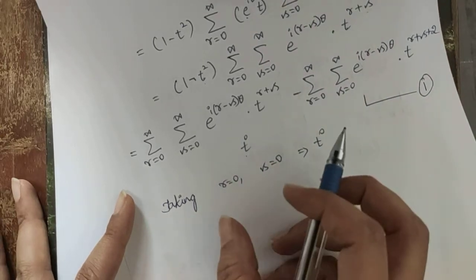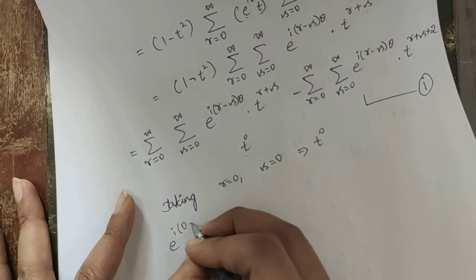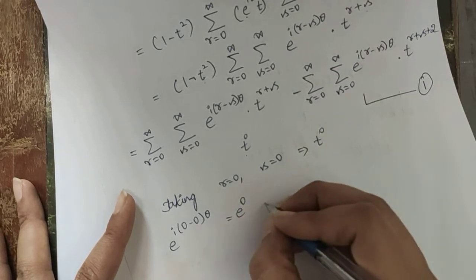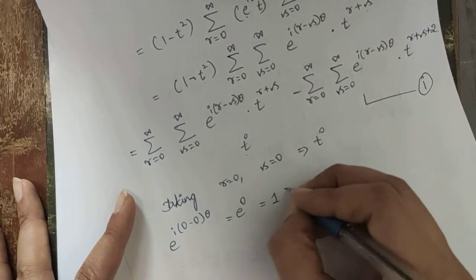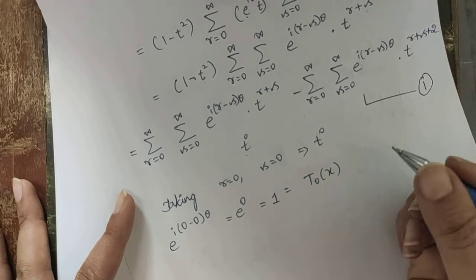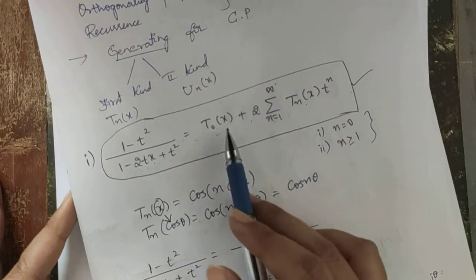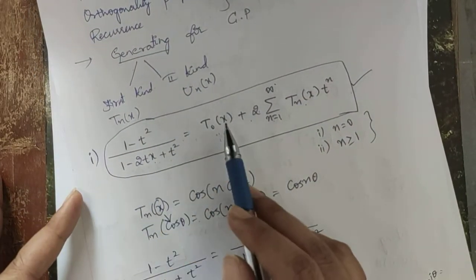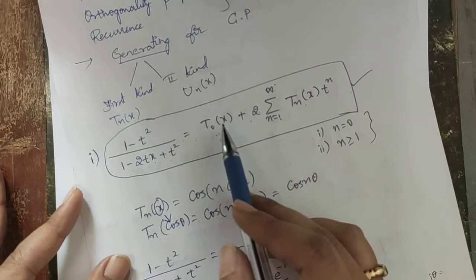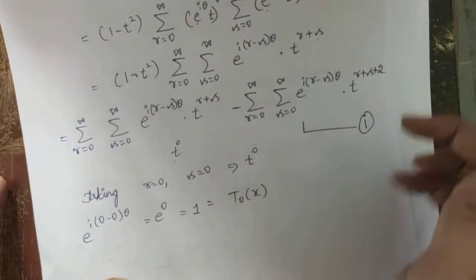So if you equate the coefficient, we will get e power i(0 minus 0) theta, which is nothing but e power 0. This is nothing but 1, which is nothing but T naught of x. Right? If I equate this LHS part with my RHS part, we are getting the coefficient of t power n for r is equal to 0 and s is equal to 0 is T naught of x. So the first part of the proof is over.